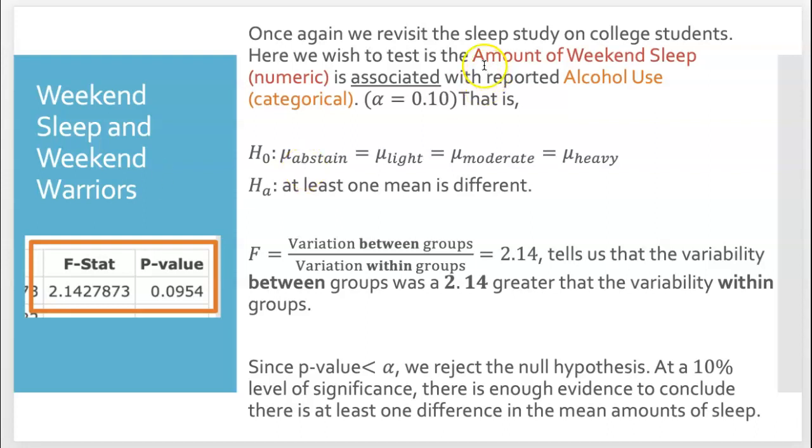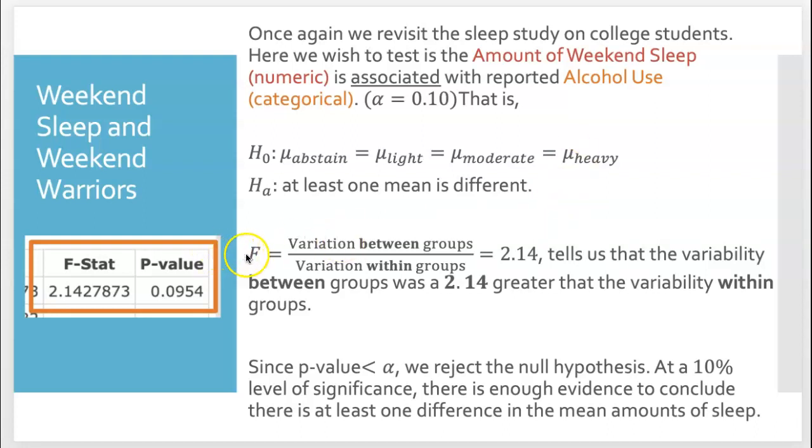So we wanted to test whether the amount of weekend sleep is associated with reported alcohol use, which is categorical. We want to test it at a significance level of 10%. What this really means is that if numeric and categorical are not associated, the mean hours of sleep are the same for each group, versus the alternative that at least one mean is different.